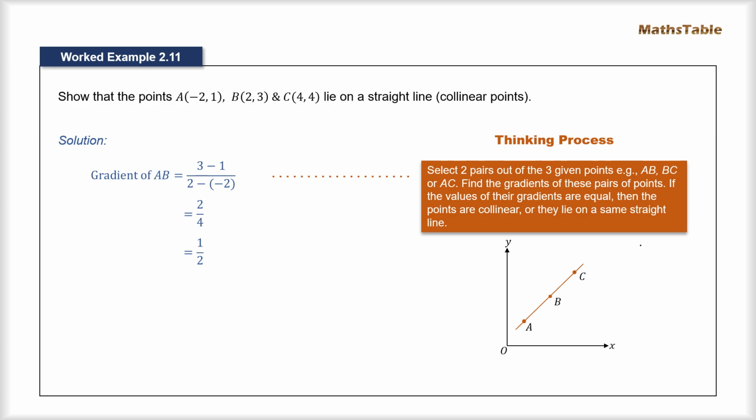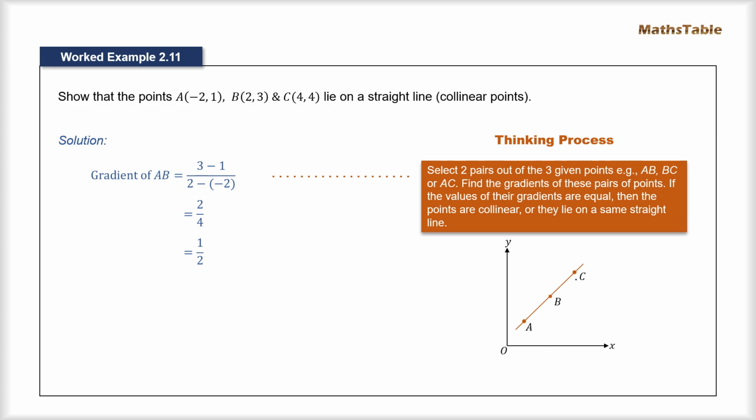As we can see from this diagram, if we take the gradient between these 2 points A and B, we'll get the same gradient as we find between B and C. Or if we take the gradient between A and C, so we have a total of 3 pairs AB, BC, and AC.